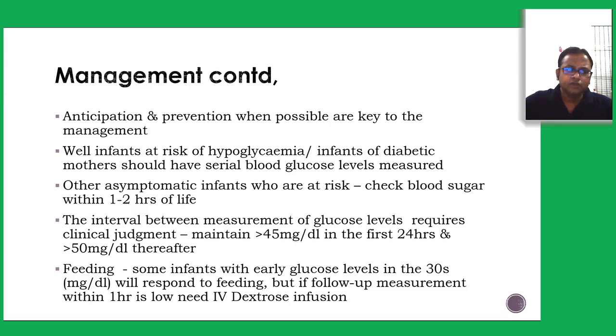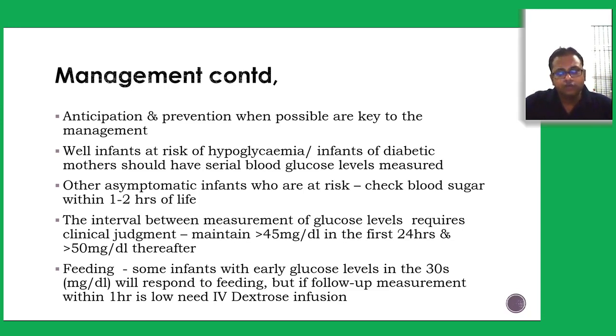For other asymptomatic infants who are at risk, you have to check blood sugar within 1 to 2 hours of life. We mentioned earlier that around 2 to 3 hours after birth, they will have a quite low blood sugar level.